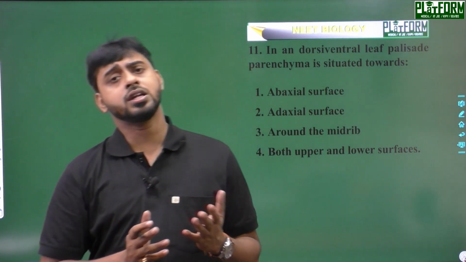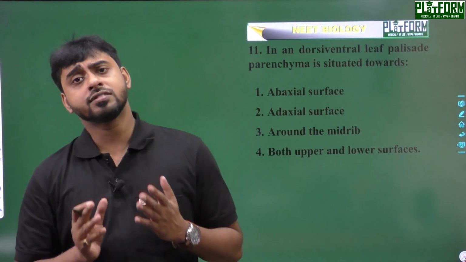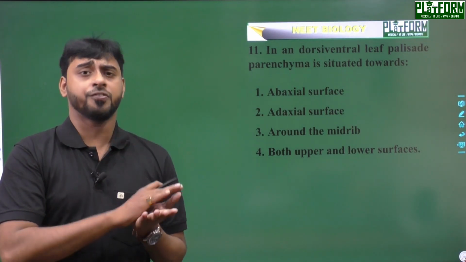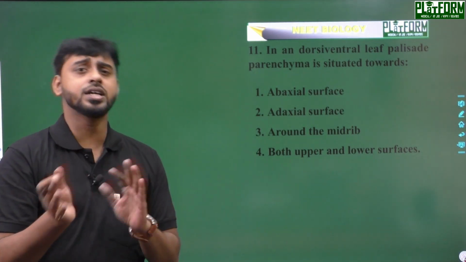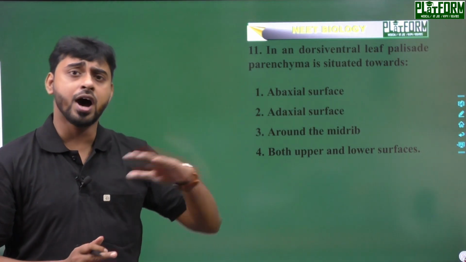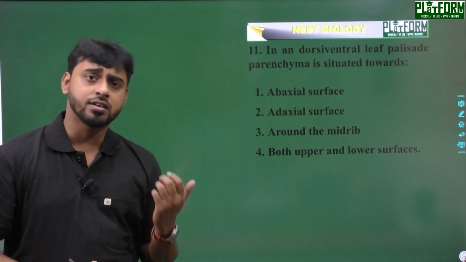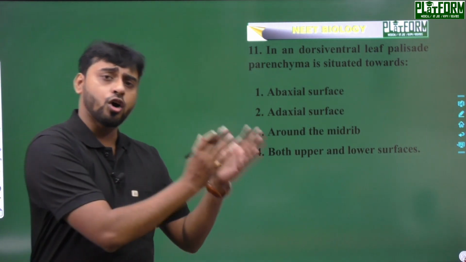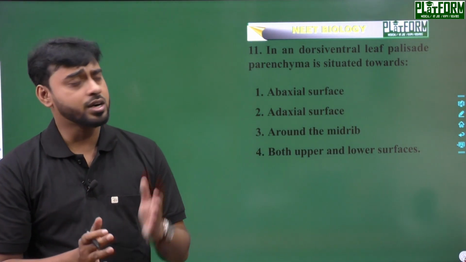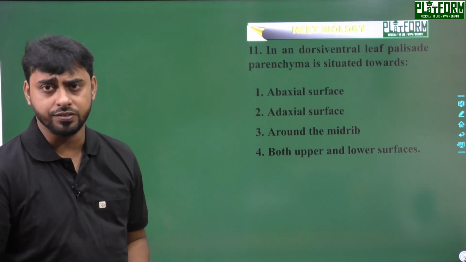The dorsiventral leaves are mainly found in dicots, where we can see that both surfaces of the leaf are distinct, quite different from each other. One part is known as the dorsal part, another part is known as the ventral part. If a leaf has this dorsal and ventral part, that particular leaf is known as a dorsiventral leaf.